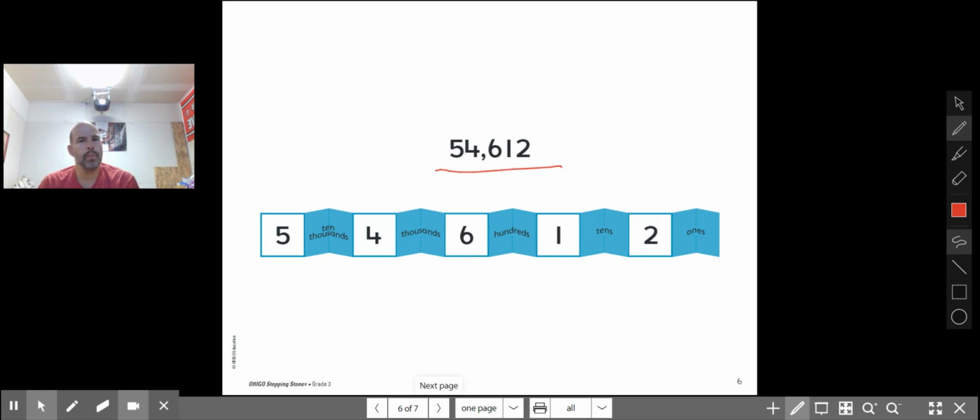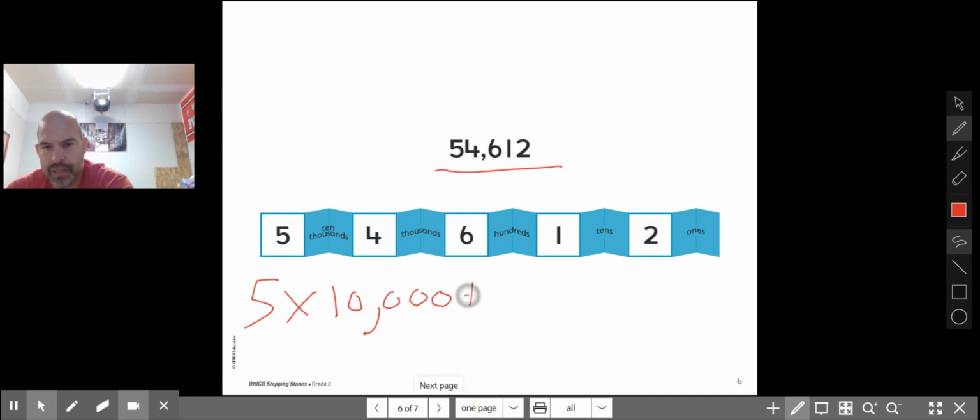Now, have you remembered us studying expanded form in the past? Well, let's think about expanded form for a moment here. If we were to write this out in expanded form, we would say 5 times 10,000, and then 4 times 1,000, and plus 6 times 100, okay?